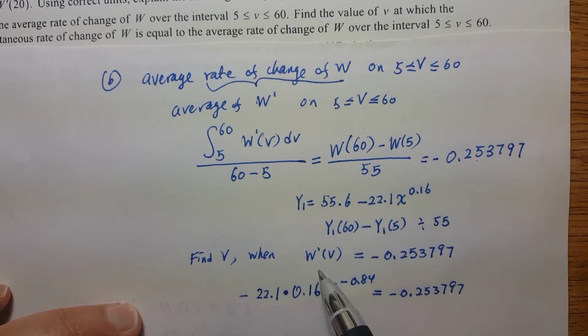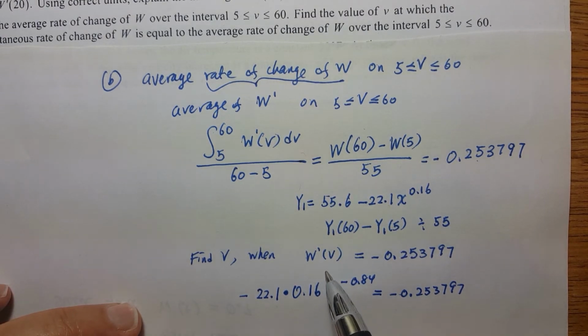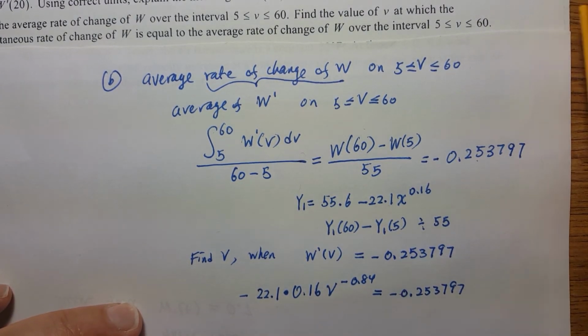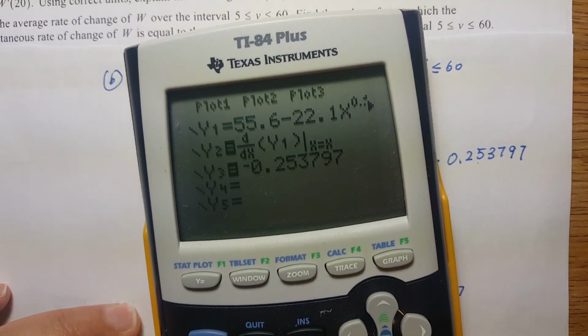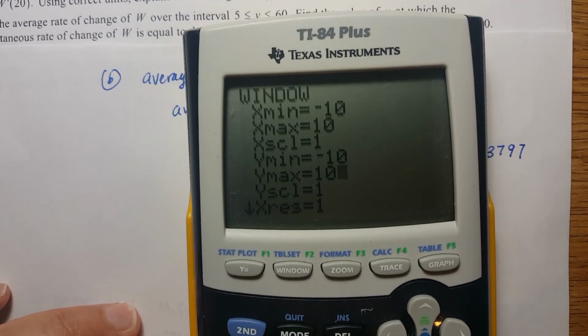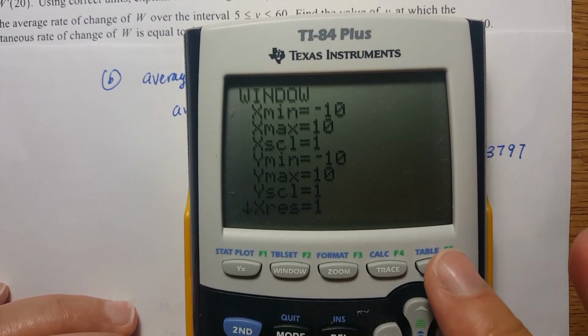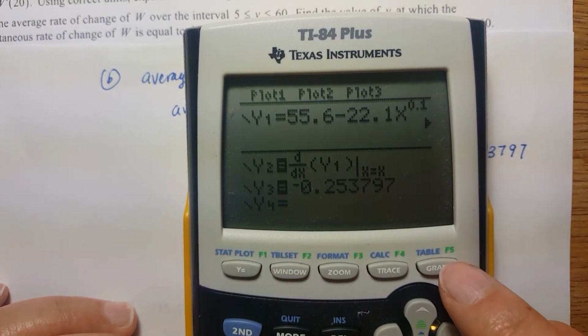So this is y2 and this is y3, and make them equal. Now I have my y2 and y3, and then I'm going to graph them. Usually you will set your window into the square window, and then we're going to graph. Don't forget that you have to highlight the two that you want to graph. Okay, so now we're going to graph.